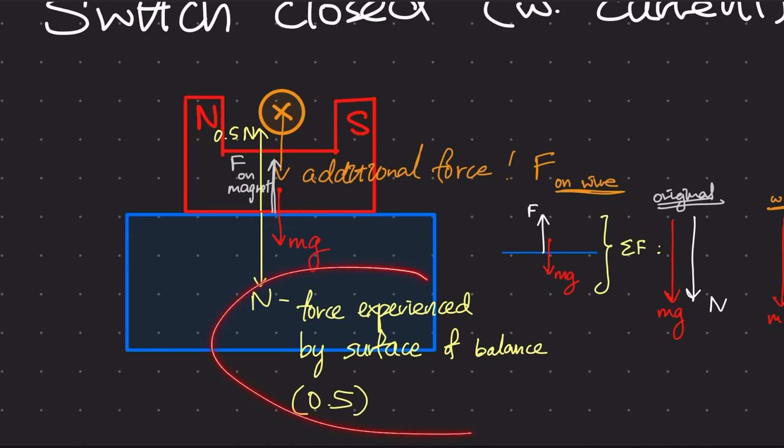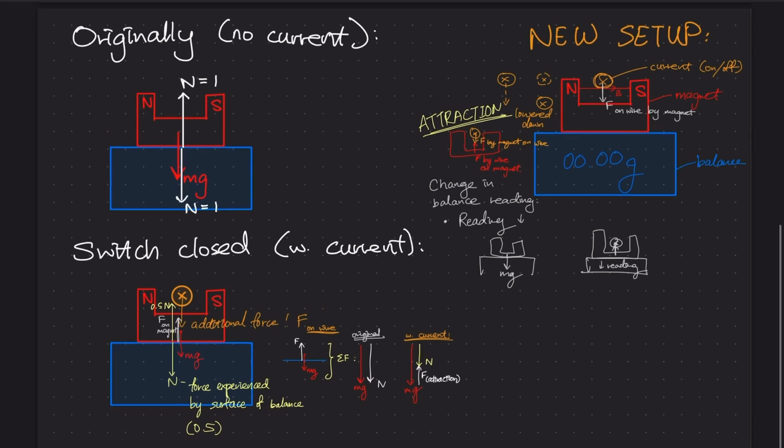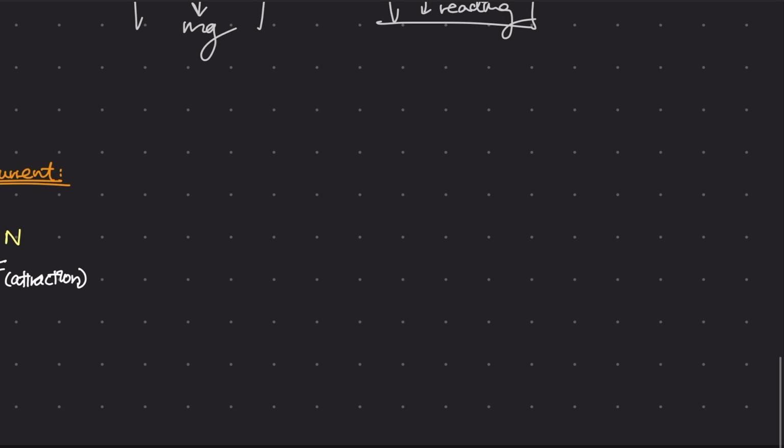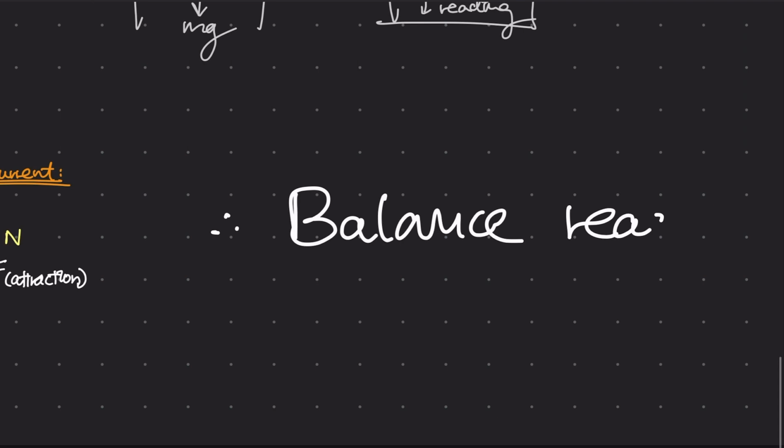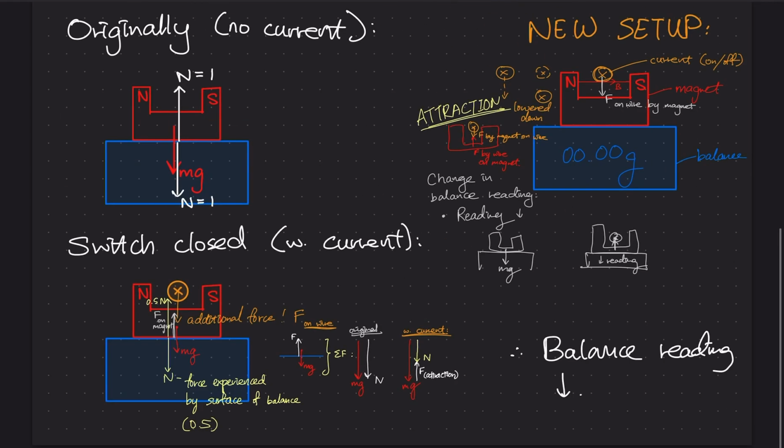Both these forces have a smaller value right here. And hence this is why the conclusion is the balance reading decreases. I hope you understood my explanation.